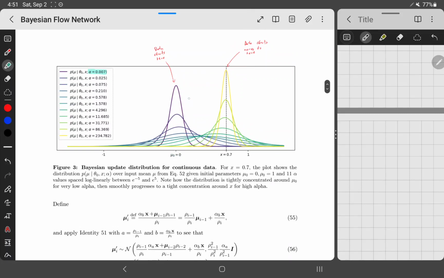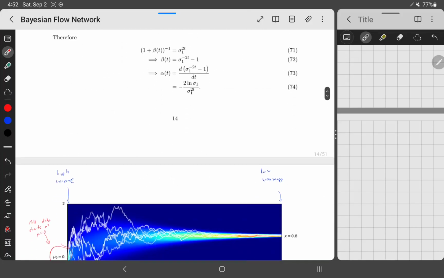This is where we start, and this is a pretty cool graph, but it slowly shows that it morphs into the prediction that we want it to make here, which is x is equal to 0.7, and it moves over here, and it slowly hones in on this value here, and as the accuracy increases, the variance gets smaller. So I don't know, thought that was a cool and interesting graph.